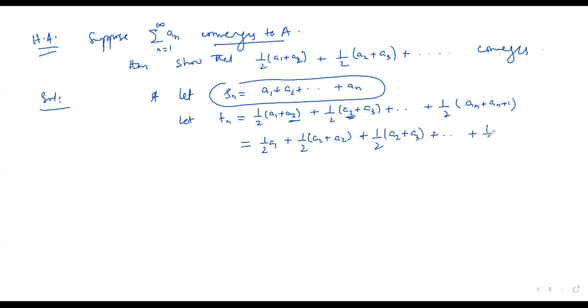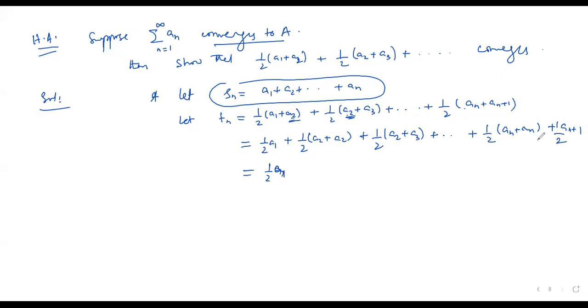It should be 1 by 2 into an plus an, because this one and this one, the second of this and the first of that, but an plus 1 will be left, right? So that is nothing but 1 by 2 A1, because it appeared twice, and 1 by 2 an plus 1 will be left. Good.